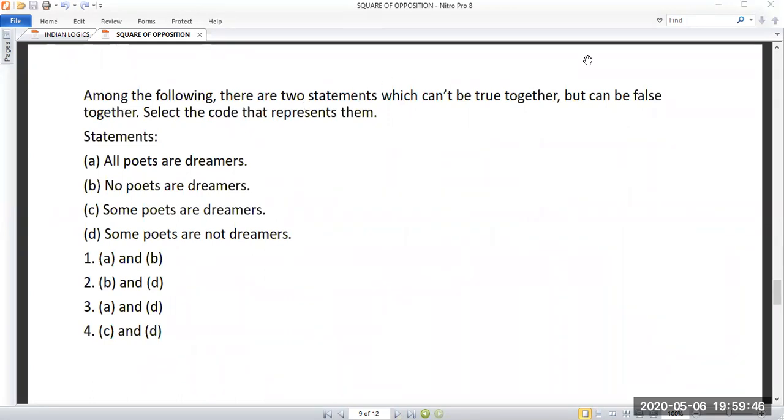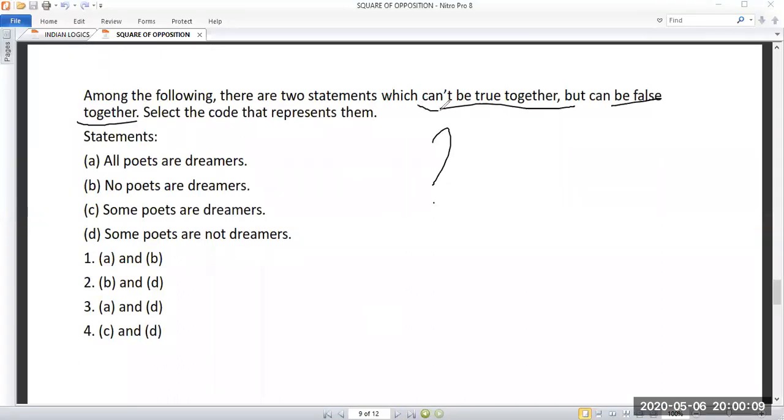Among the following, there are two statements which cannot be true together but can be false together. So which case is this?